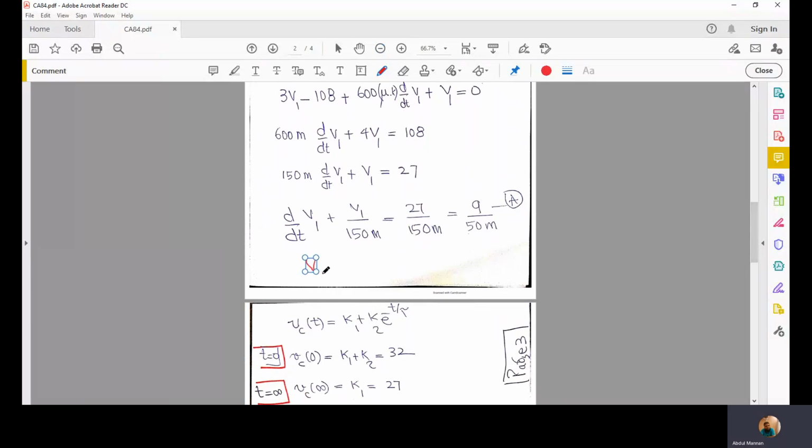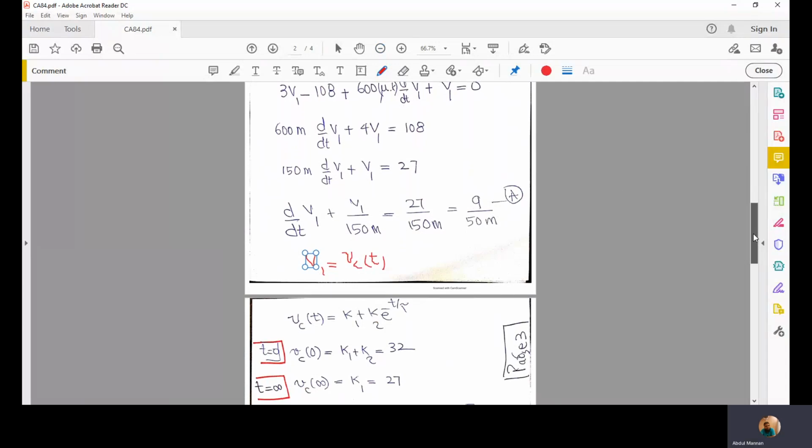Since V1 is the same as V sub C of t, we can replace V1 with V sub C of t, and then that will be a first order differential equation with some constant on the right hand side.